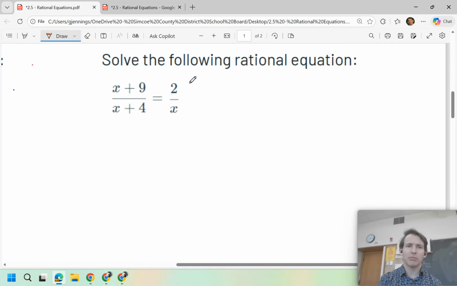What's the faster way? The way that saves much pen ink? Well, we're just going to multiply by x times x plus 4 on both sides.